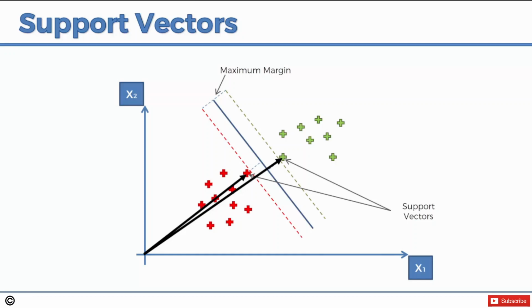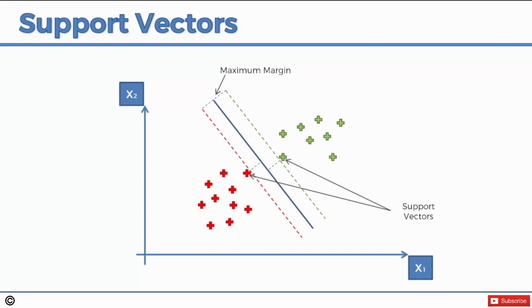Generally speaking, they are all vectors. Just in this particular example, when we have 2 dimensions, we can call them points. But in reality, they're vectors, and that's why they're called support vectors. So these 2 specific vectors are the ones supporting this decision boundary, or the way we're building this algorithm. That's why they're important, and that's why this whole algorithm is called the support vector machine.